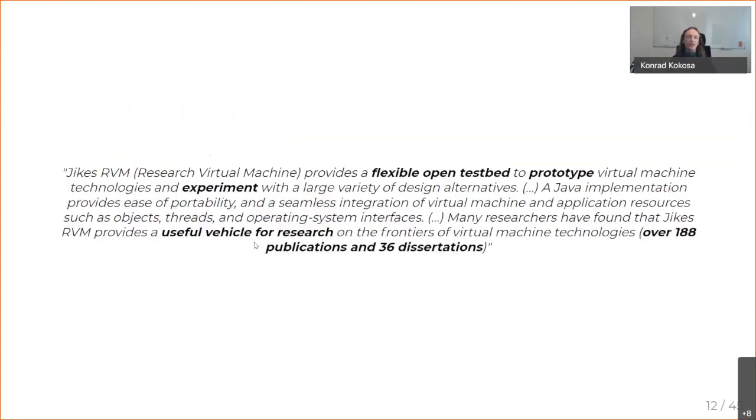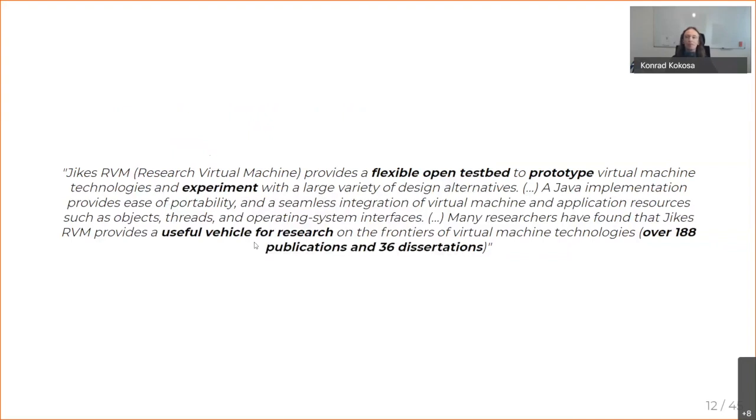As the homepage of this project says, Jikes RVM was designed as a flexible open testbed for experiments to prototype various virtual machine technologies. And this goal has been achieved, so it is noted as a useful vehicle for research.